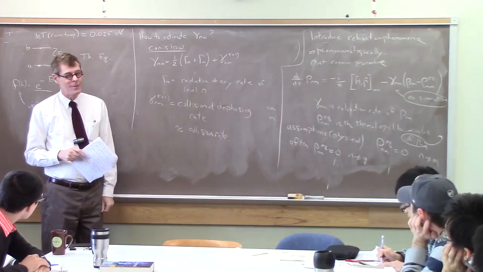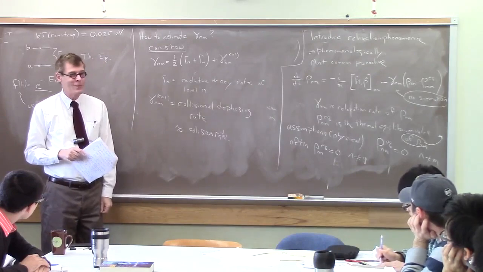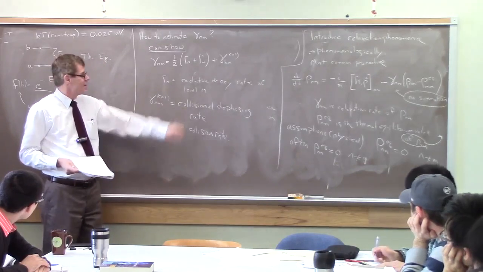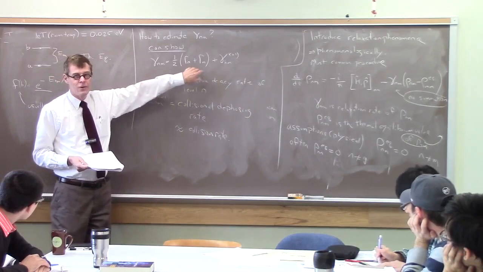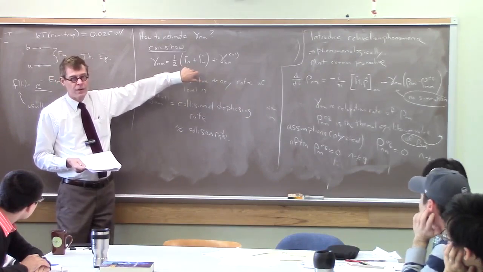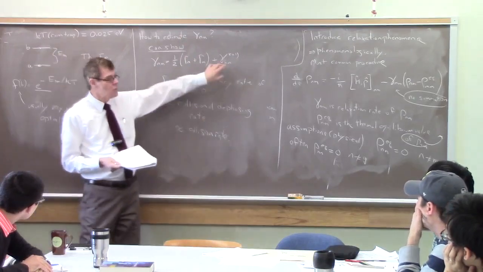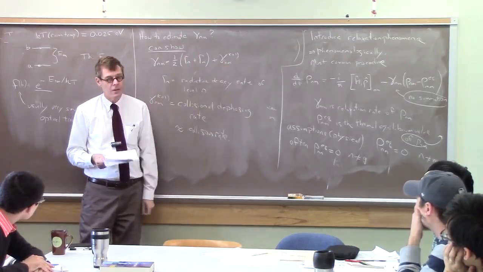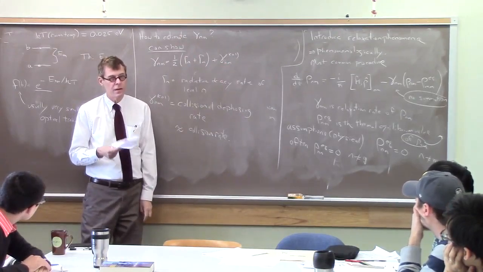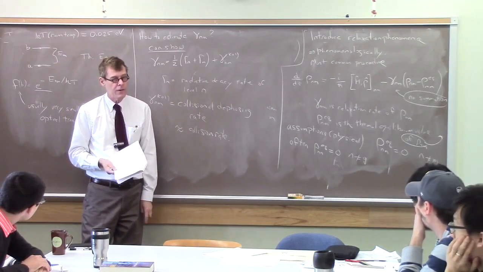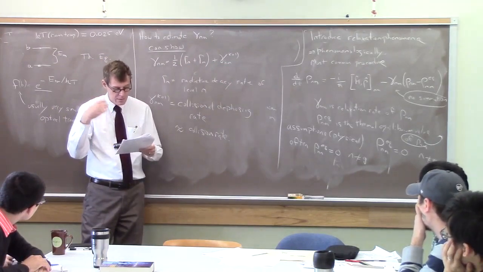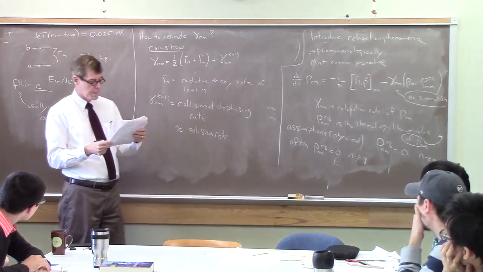If there's no population in the level, there's certainly not going to be any coherence. So you can lose coherence in the obvious way by having population decay out of the levels, or collisions can affect the decay rate in their own way.